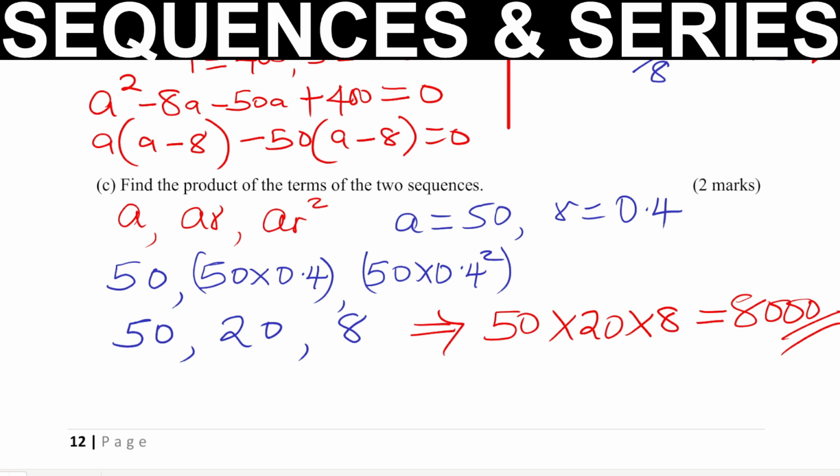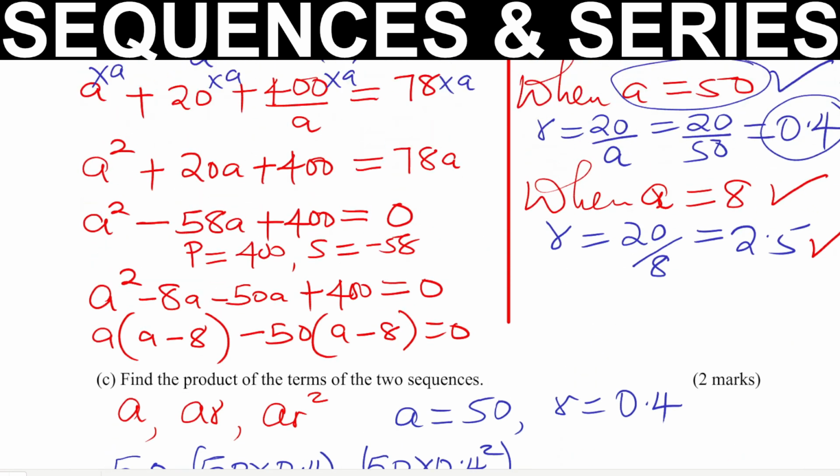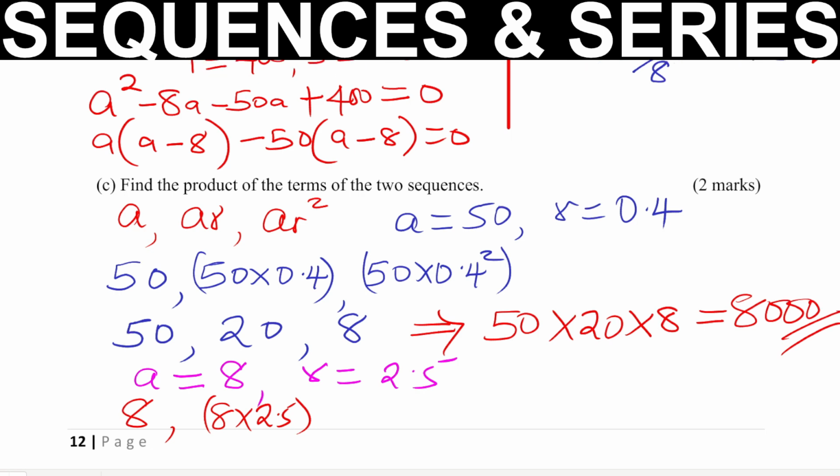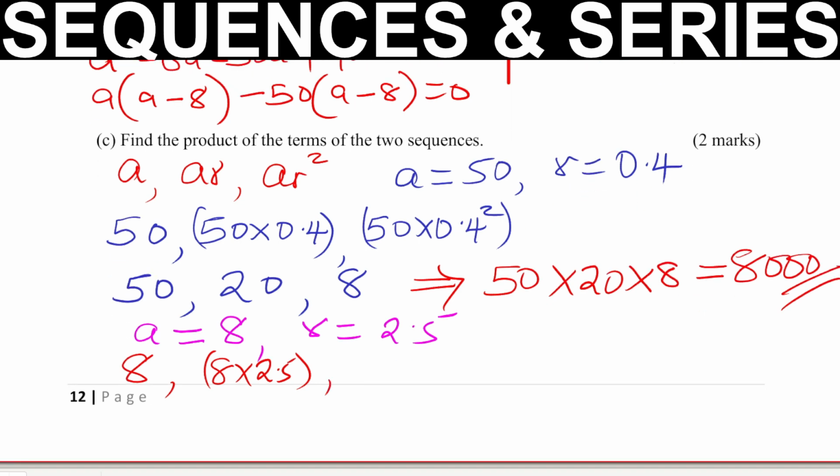Then the second sequence is when A is 8, R is 2.5. So we get the terms. The first one is 8. Then the second one, AR, will be 8 times 2.5. Then that one is 8 times 2.5 squared.